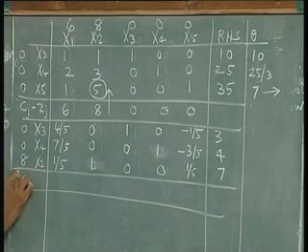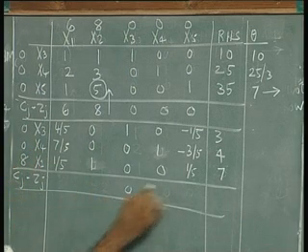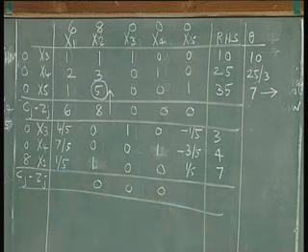So now we compute the Cj minus Zj values. x3, x4 and x2 are the basic variables, so 0, 0 and 0. We have to compute Cj minus Zj for the non-basic variables x1 and x5.